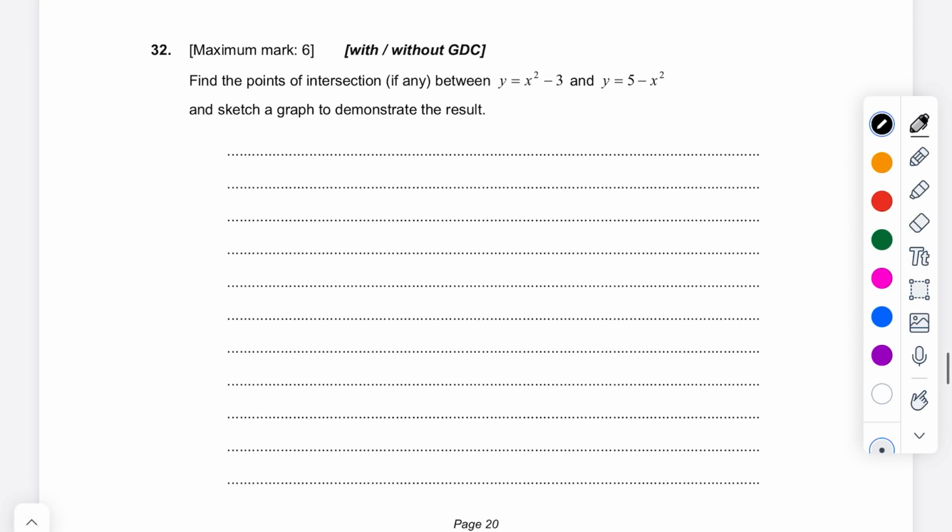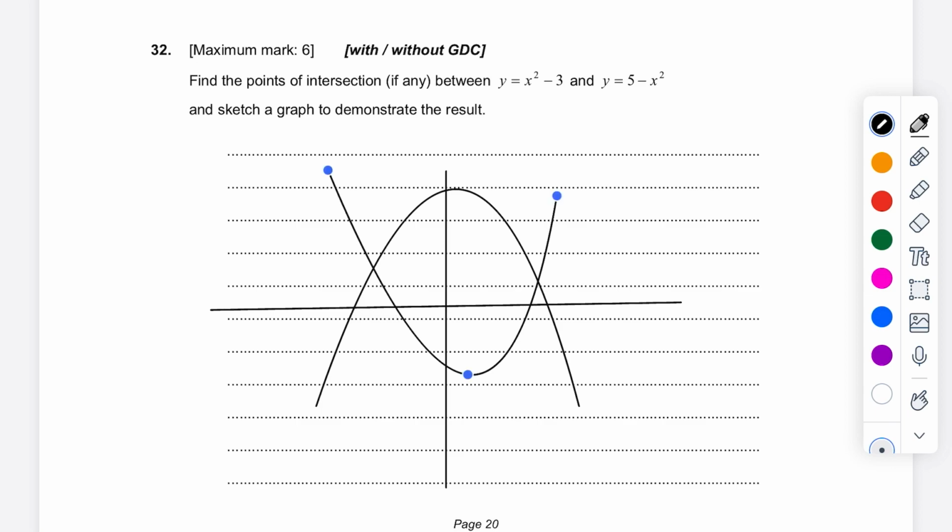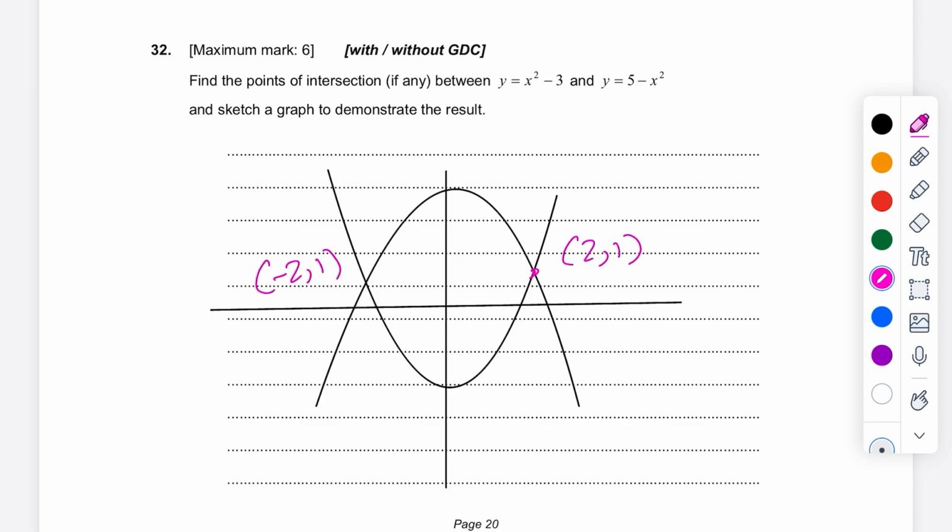Question number 32. Find the points of intersection of this one. I'm drawing a parabola over here and another parabola over here. This point is (2, 1) and this point is (-2, 1).